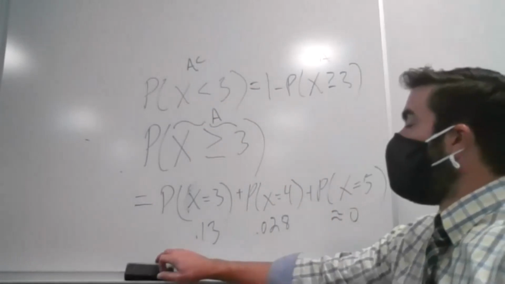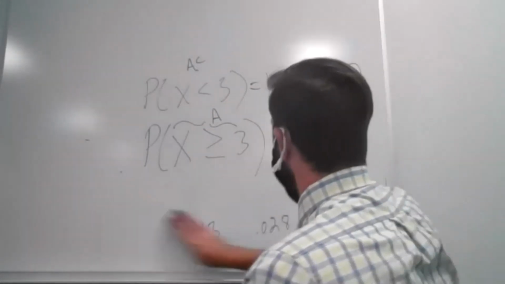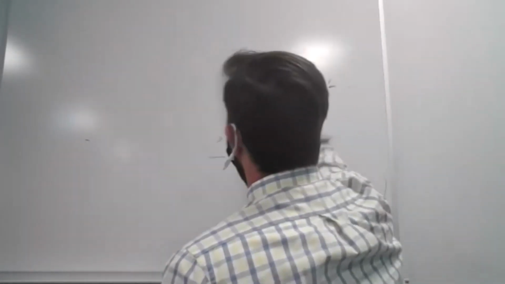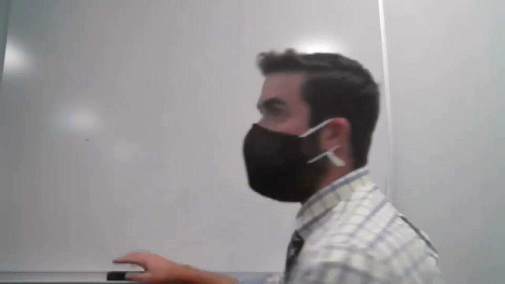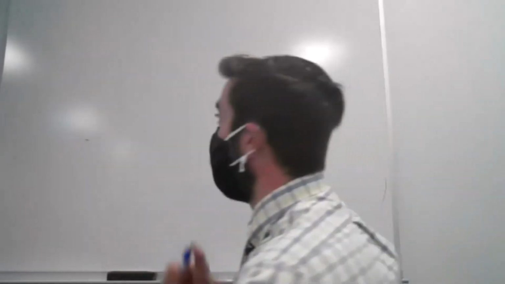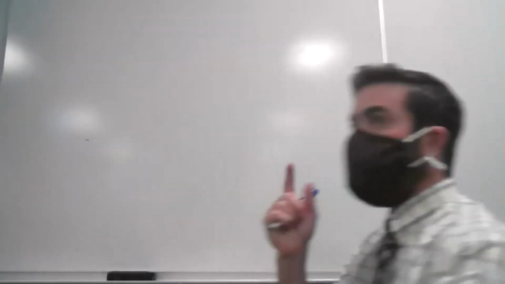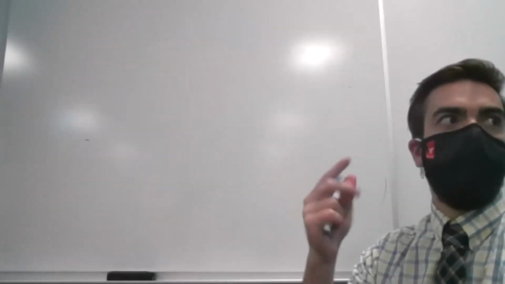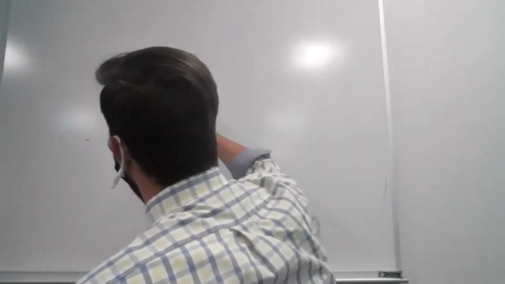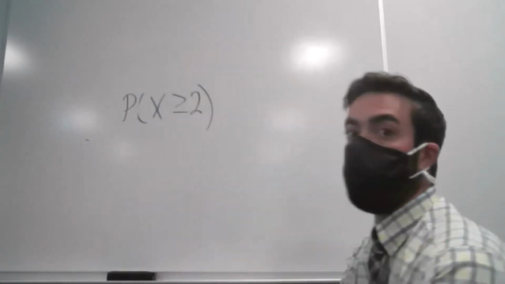Okay. So this complement rule comes in handy in other scenarios a little bit more, right? So let's say I did that one where I had like 100 trials and I wanted to know the probability of 2 successes or something. So let's say I've got 100 trials and I want the probability x is greater than or equal to 2.